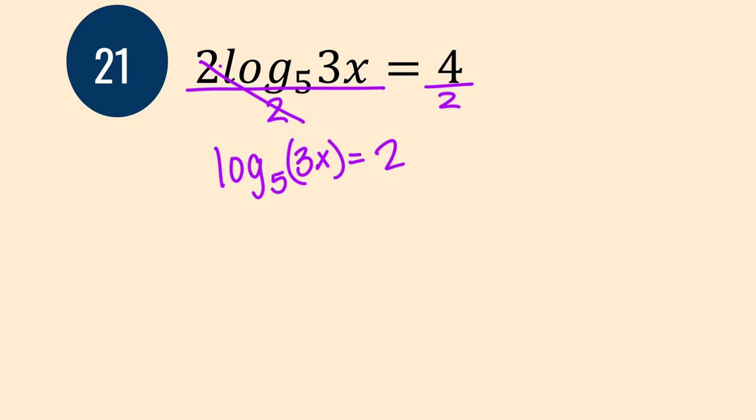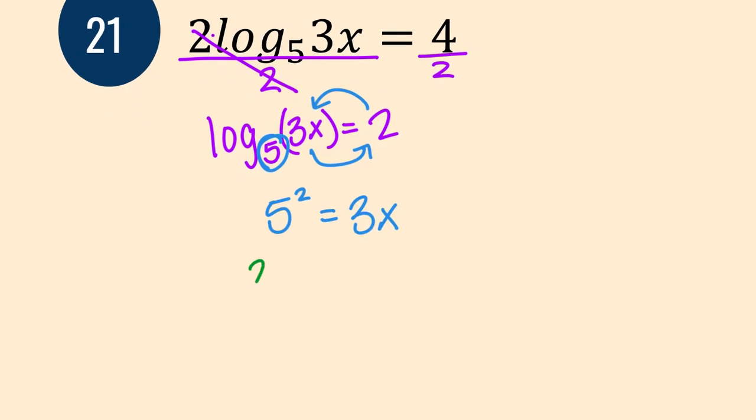Now, because I have a log by itself, I'm going to switch this to exponential. So I have 5 to the power of 2 equals 3x. 5 to the power of 2 gives me 25 equals 3x. And then dividing both sides by 3. Leave your answer like this: x equals 25 over 3.